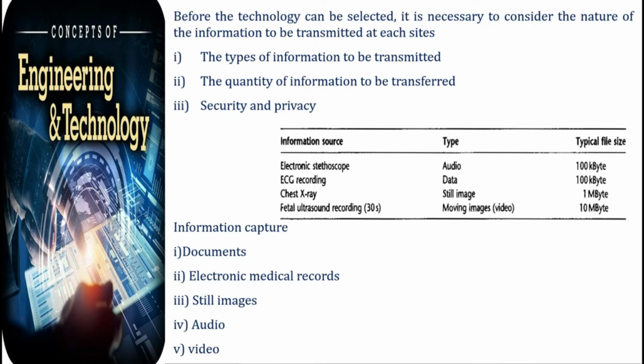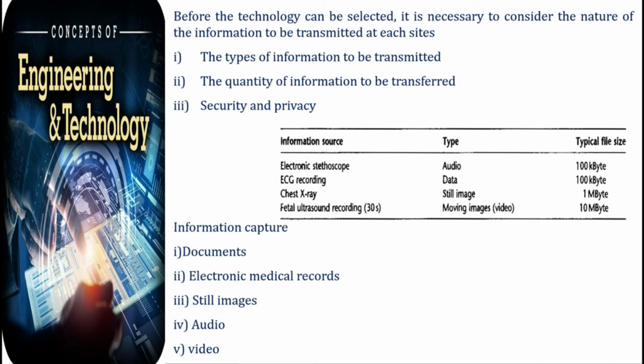This data will come with different file sizes. When you are looking at a data or audio file, I'll be getting only about 100 KB. When you have images, I'll be getting them in MB. If I'm going with moving images, I'll be getting more MB, megabytes.